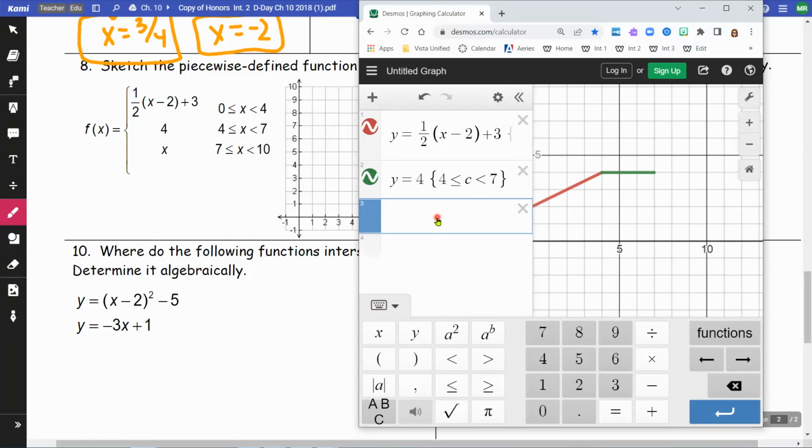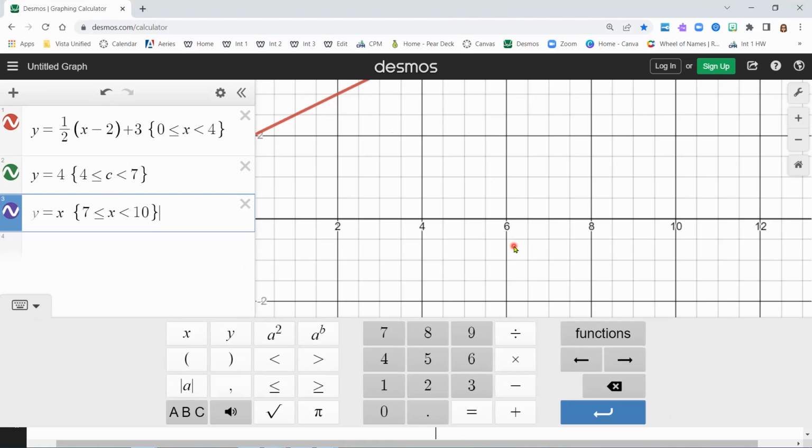The next one is y equals x, which is this diagonal line. And then I have a restriction where we're only going from 7 less than or equal to x less than 10, not including 10. So let me just make this a little bigger.